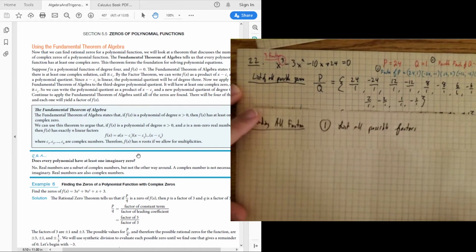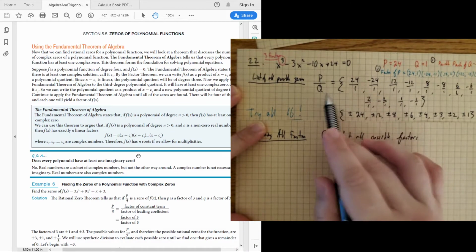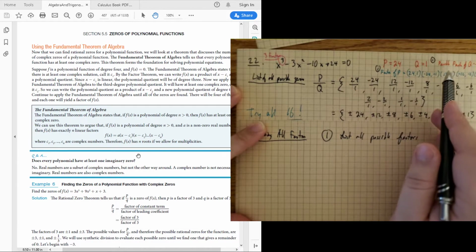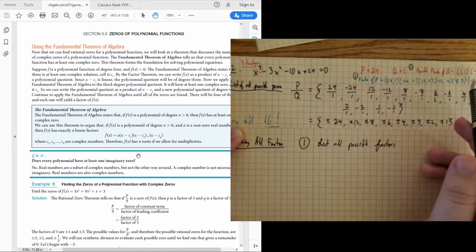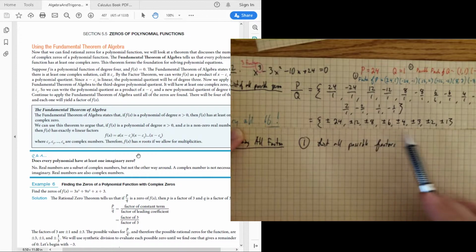That is what we did right here. That's this process, where we look at P, we look at Q, we define what P and Q are, we find all the possible factors of P, we find all the possible factors of Q, and we divide every single one of them to get a full, big, long list. We're going to do a couple of these. So get used to finding this list, and get used to finding it quickly.